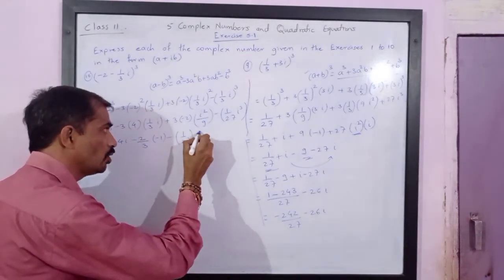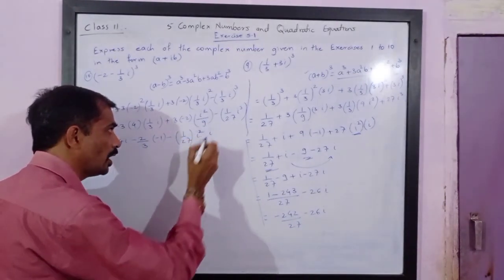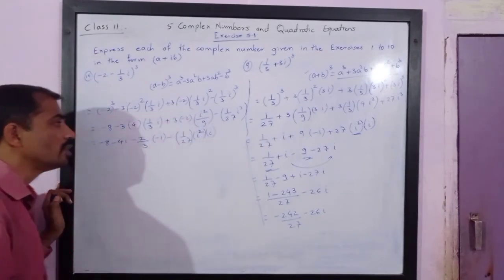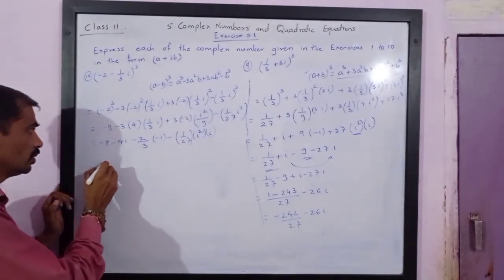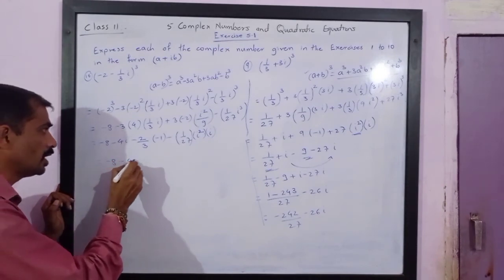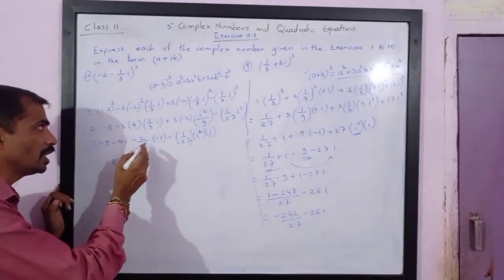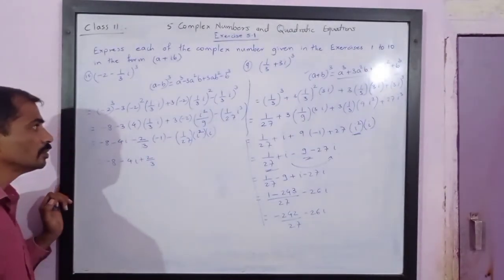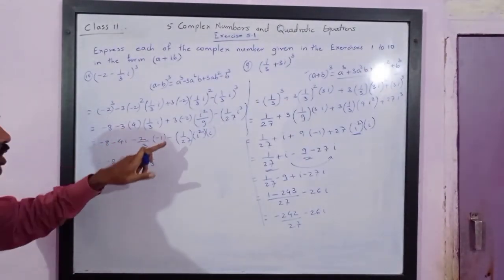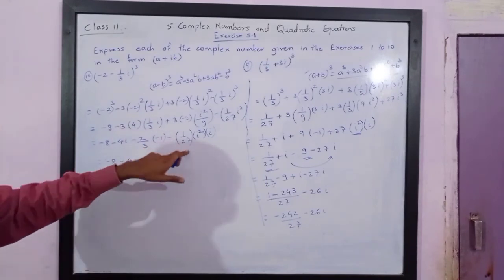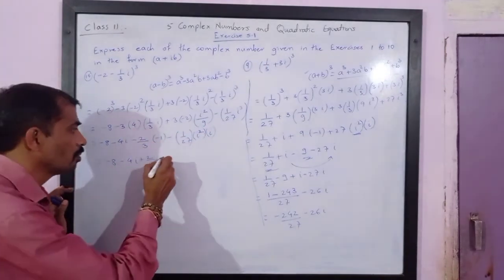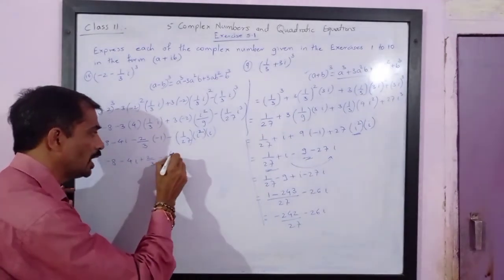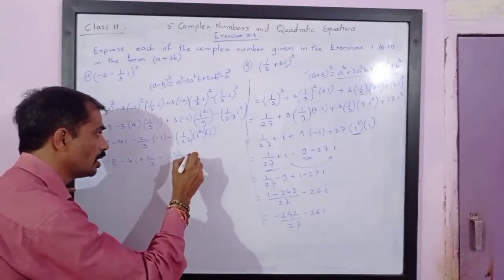I can write this I cube as I square into I. We already know I square equal to negative 1. So this is equal to negative 8 minus 4i. Please note this is multiplication. So it will become positive 2 upon 3. This will be minus. This is negative 1. So I will get again negative 1 upon 27i.